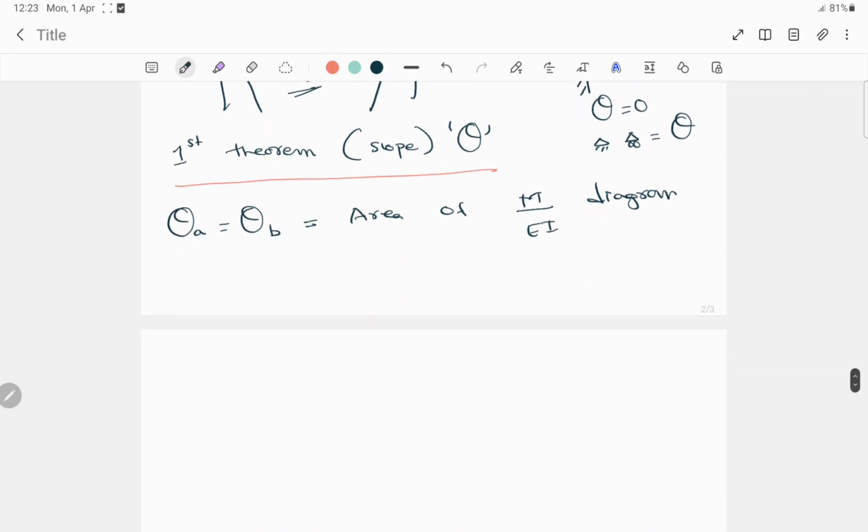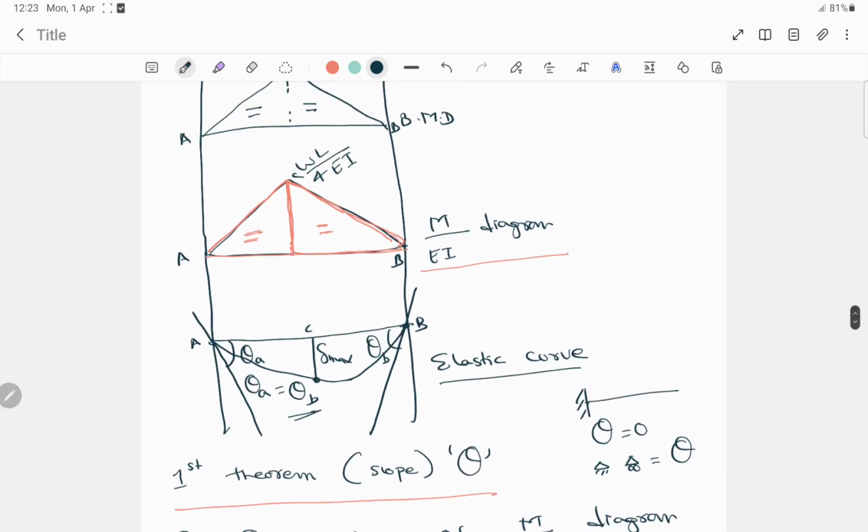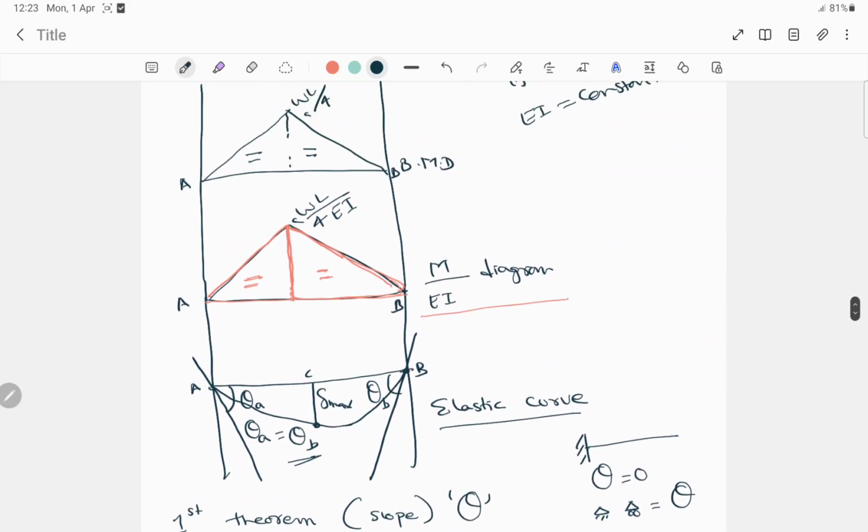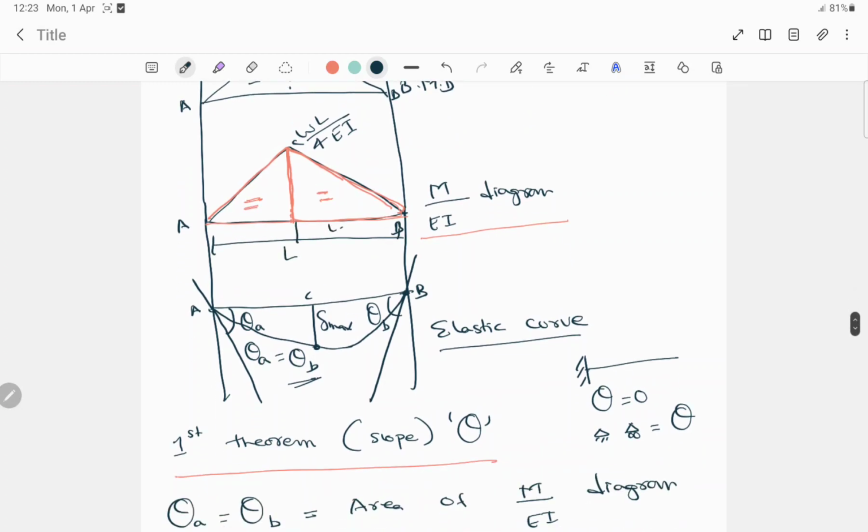What is the formula? It's a triangle, so half into h into b. Half into h is WL by 4 EI, into the base. The whole length was L, so half will be L by 2.